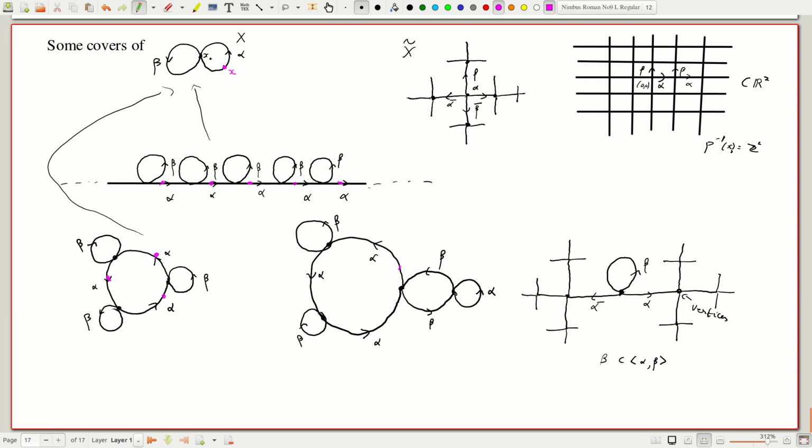And here I get a bunch of points. Here's an alpha, here's an alpha, here's an alpha, and there's an alpha here as well. Similarly, here we get infinitely many points, one for each alpha edge, etc. Okay. So as a set or a space, this is not very interesting.